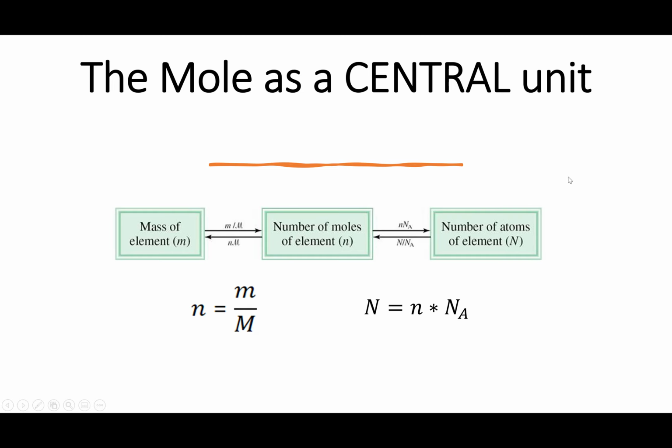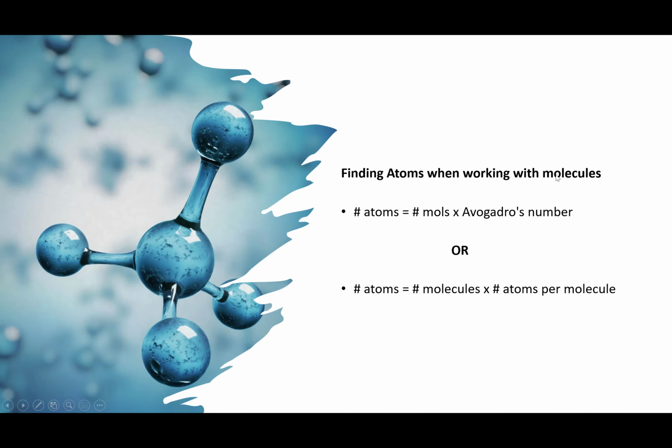The last little bit here, which is a bit extra at the moment but a preview, is that sometimes we'll be counting the atoms when we're working with molecules. Say, for example, I have this CH4 molecule as in the image on the left. The number of atoms in that one molecule is 5.